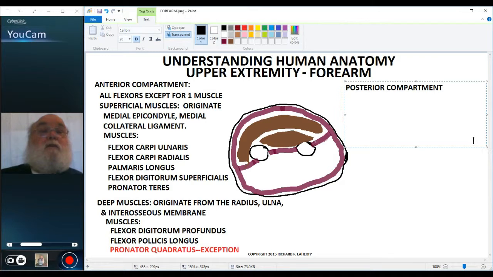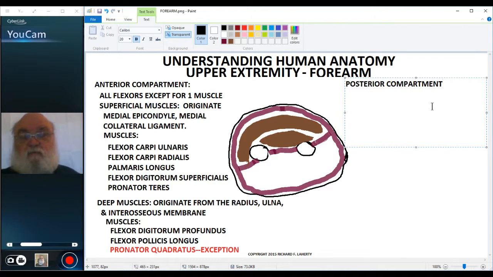And the posterior compartment muscles are all extensors except one.